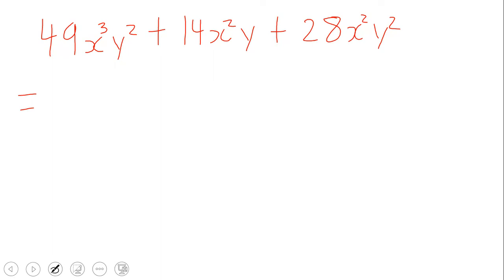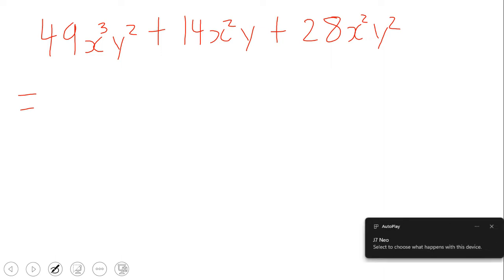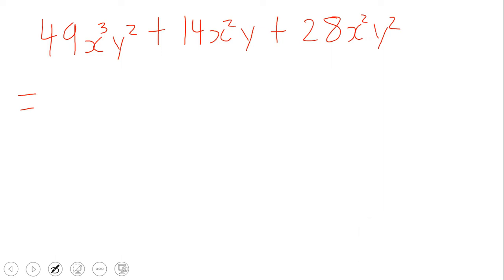So for the factor, I got 7xy. 7xy. All right. I like that you noticed it was 7. How did you know it's 7? Because I could see it. You know your multiples of 7, right? What times 7 is going to give us 49? 7.